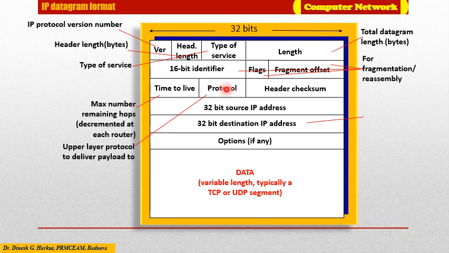The protocol number is the glue that binds the network and transport layers together, whereas the port number acts as the glue that binds the transport and application layers together.